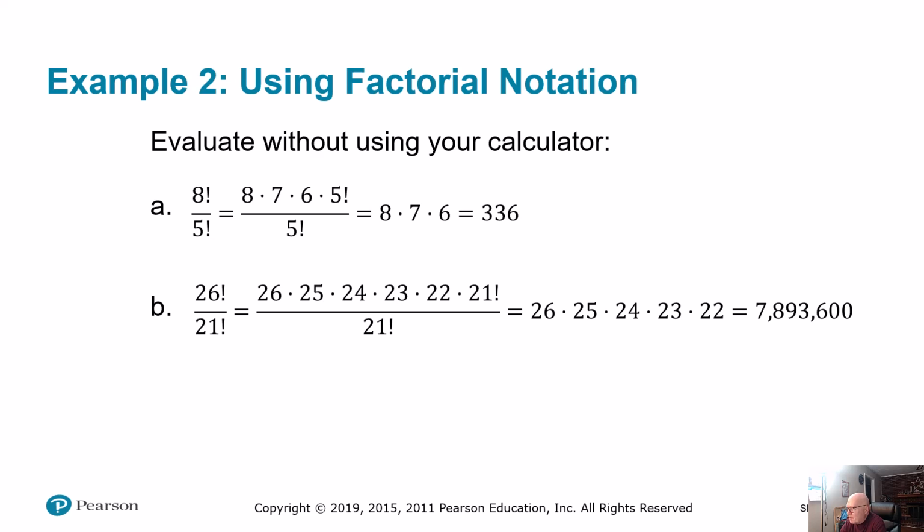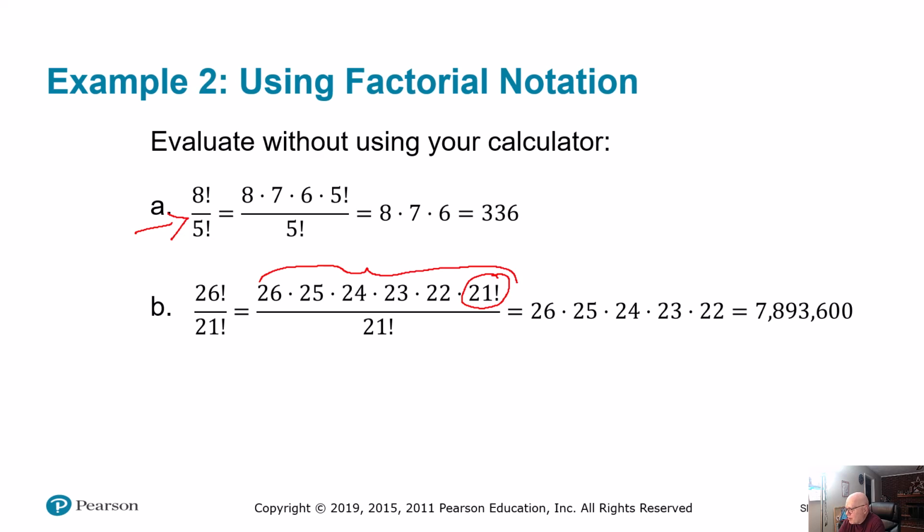However, if we do as we did with part A, when you start listing the factors of 26 factorial and get down to 22, you can finish it off by saying, instead of 21, 20, 19, and so on, just 21 factorial. And there's your 26 factorial in shortened form.